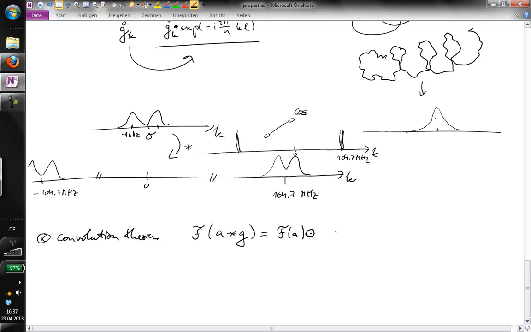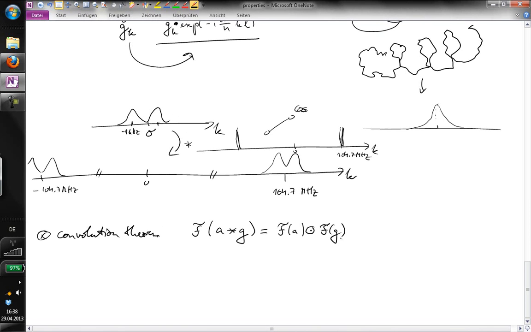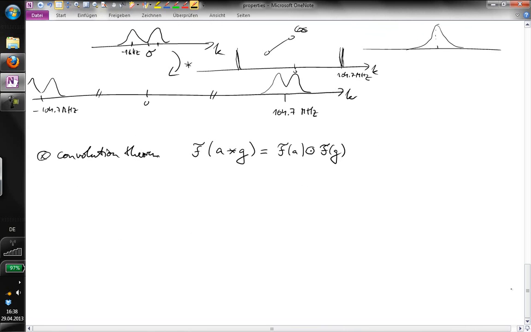This is what I mean by the symbol, the element-wise or the pointwise product of the Fourier transform of A and the Fourier transform of G. Now the usual way to prove this is again by variable substitution and so on. No, you don't even need variable substitution. Okay, I will do both. I will do it the traditional way and the matrix way.